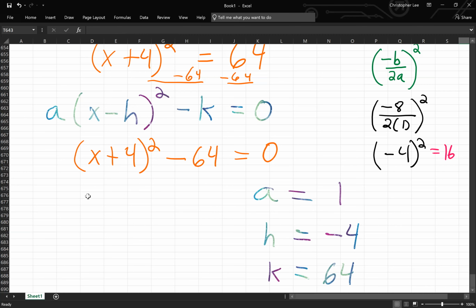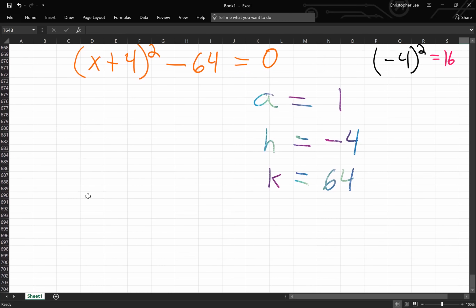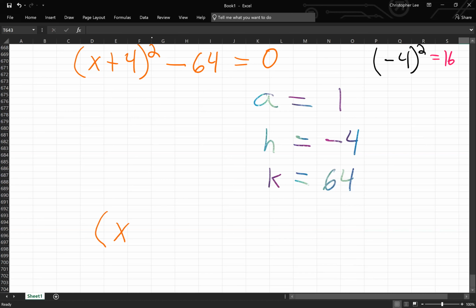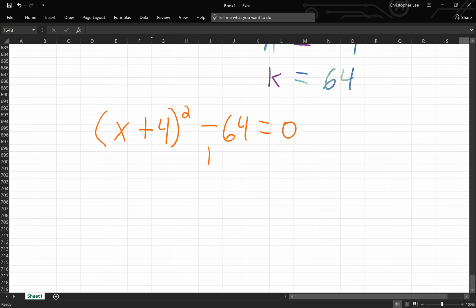The other half of your homework is going to ask you to actually solve the question, right? What is the answer? X equals what? Well, we go straight back to our square root property. X plus 4 squared minus 64 is equal to 0. I want to solve for x, so I'm going to add 64 over here.